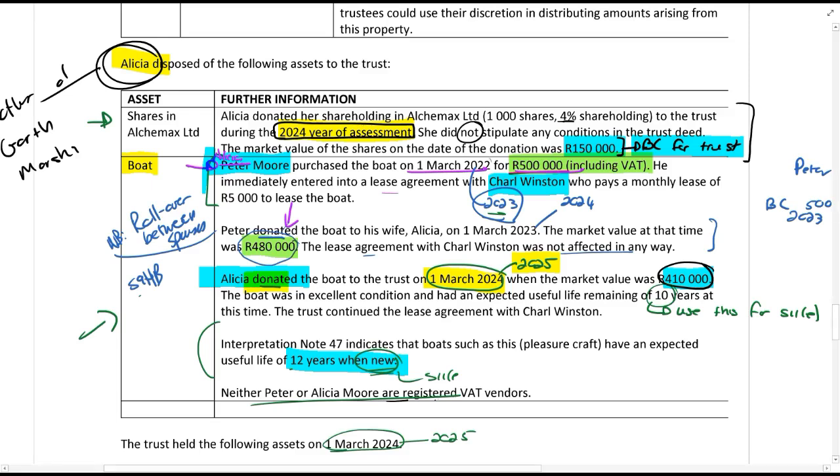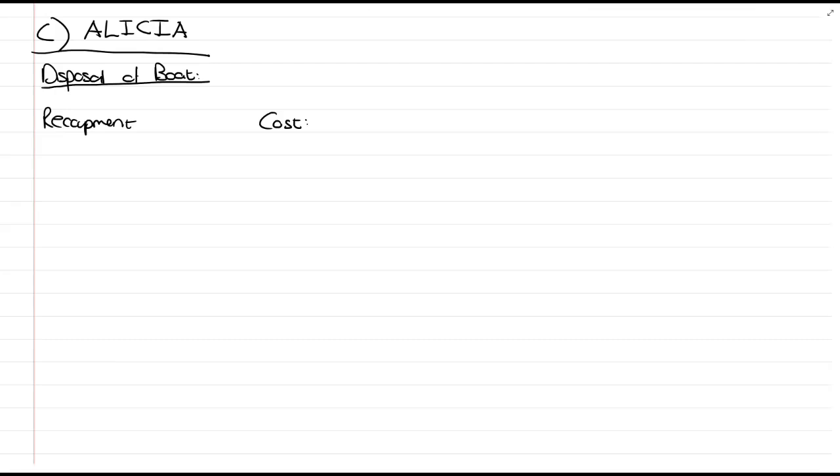So for the year 2023 and 2024, 2 years they used it, and it was disposed of on the first day of this tax year. So cost 500,000. Less section 11E. The first year it was bought was 2023. It was bought on the 1st of March 2022. 2024.